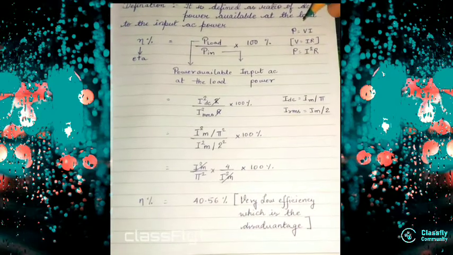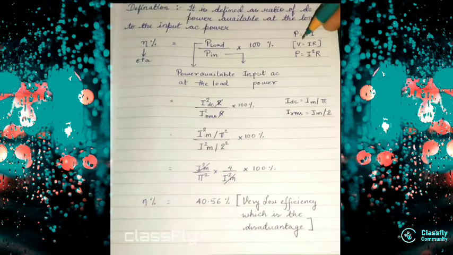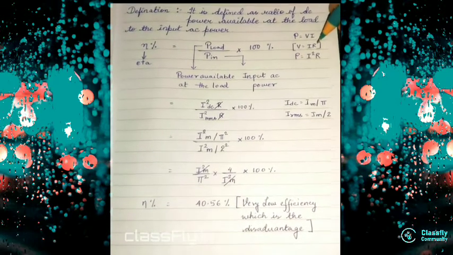We know that power is equal to voltage into current, and voltage we can also write as current into resistance.